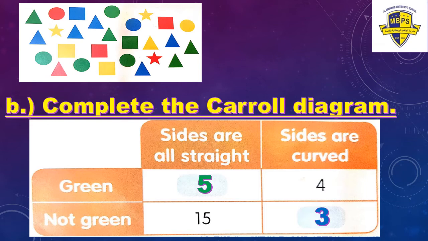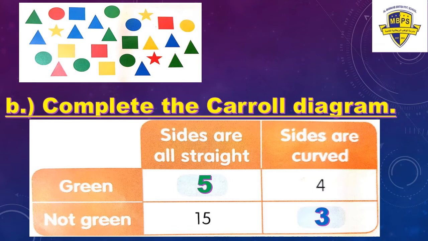How many shapes are curved and not green? So we have only circles which are curved. Okay, now so you're going to keep your finger on the circles which are not green. So let's start counting. We have 1, 2, and 3.